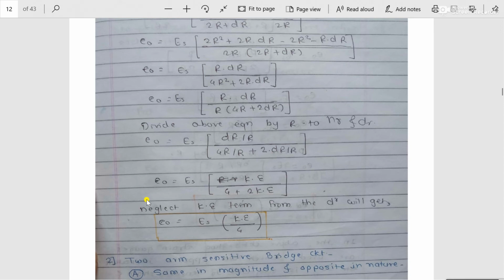That comparison we have to make after deriving the remaining configurations. So this is about the single arm sensitive bridge circuit. The remaining configurations, the 2 arm sensitive bridge circuit and the 4 arm sensitive bridge circuit, we will see in the next lecture.